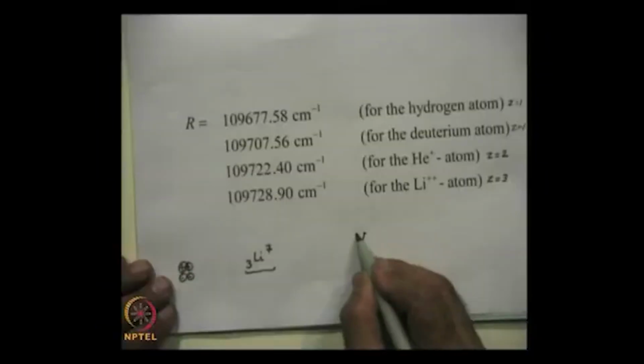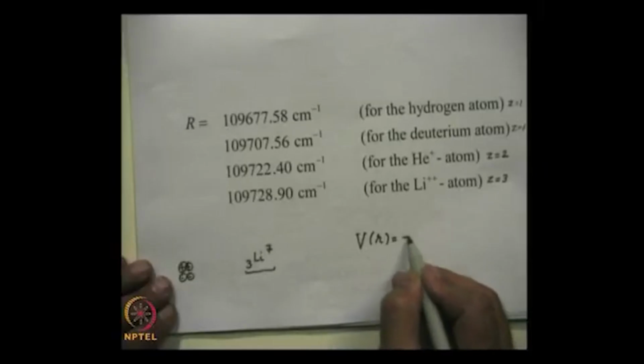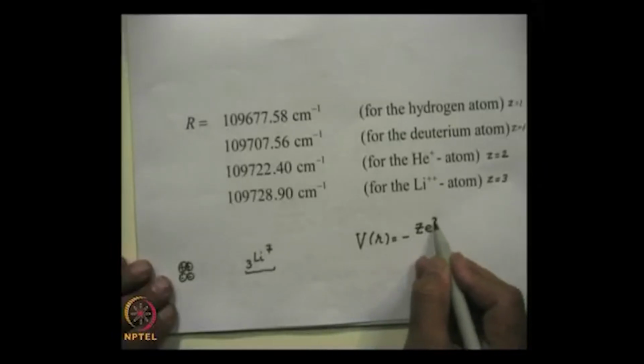So, we have now obtained the solution of the Schrodinger equation, and the eigenvalue spectrum corresponds to the single electron atom, in which the potential energy function is given by minus Z e square by r in the CGS system of units.